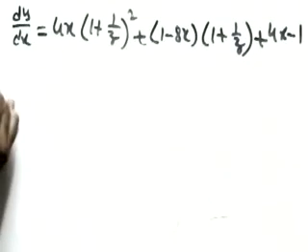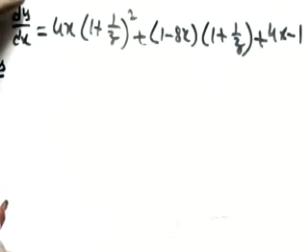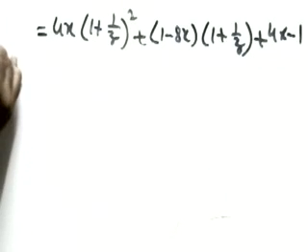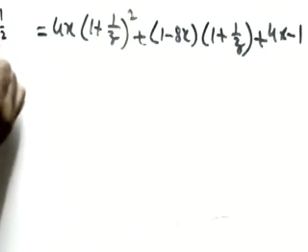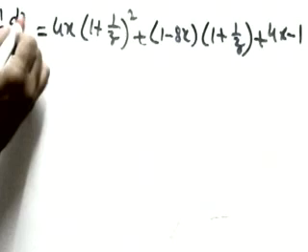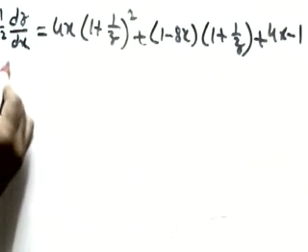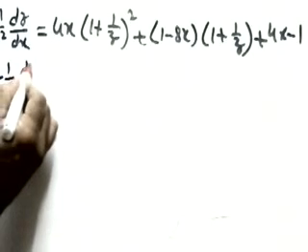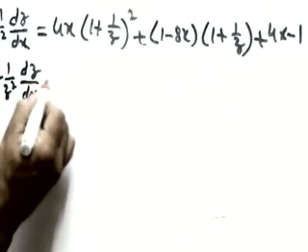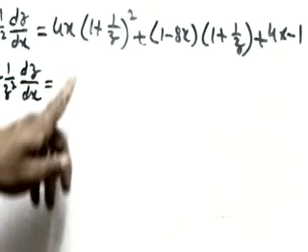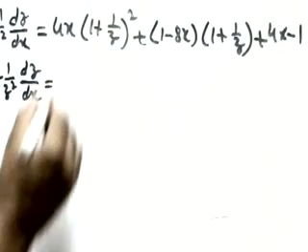Now let me continue solving this question. See here, in place of dy by dx, we have to write minus 1 by z square dz by dx. So let me continue this one. Minus 1 by z square dz by dx equals, let me solve this one.